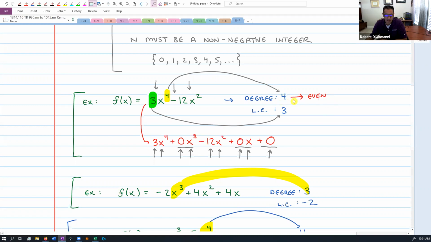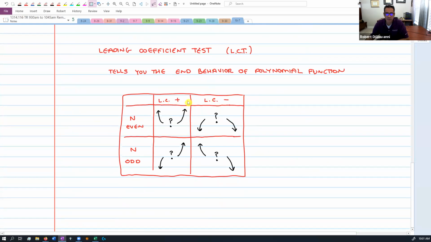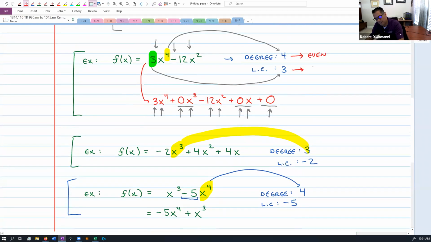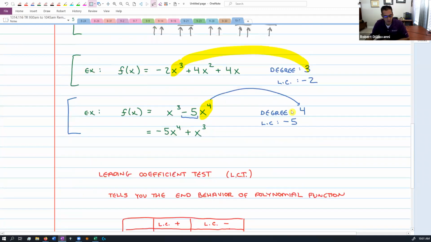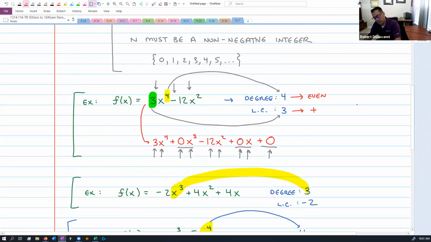So we know I have an even degree, and for the leading coefficient, what we're interested in is whether or not it's positive or negative. In this case, it's positive. So if we have an even degree and a positive leading coefficient, here's what I can tell you. Left goes up, right goes up, in the middle, I don't know. Does that make sense how that works?